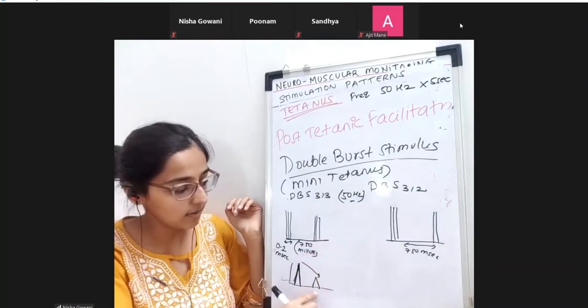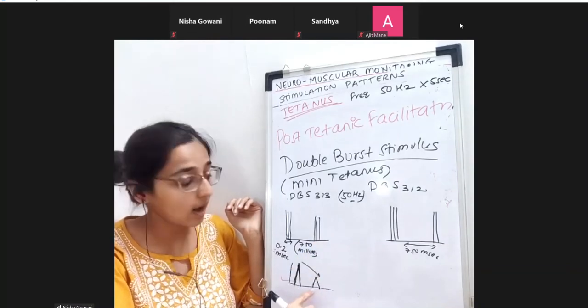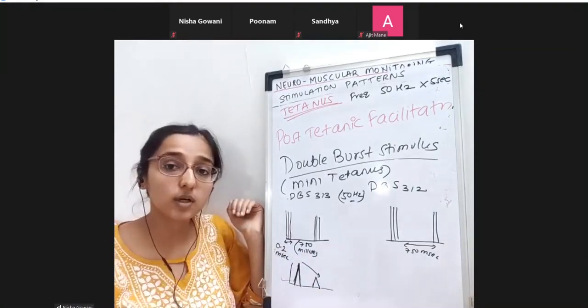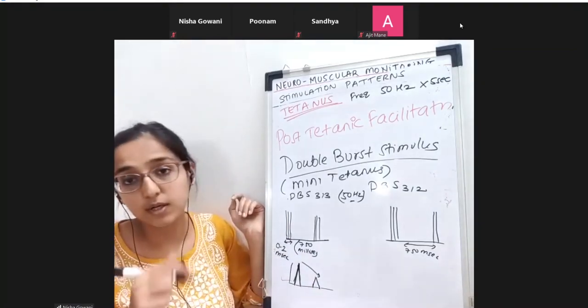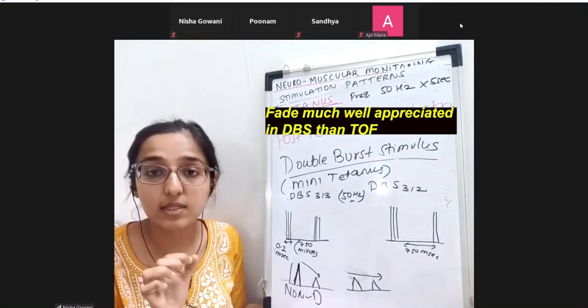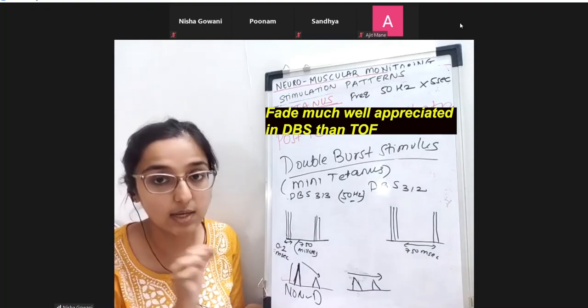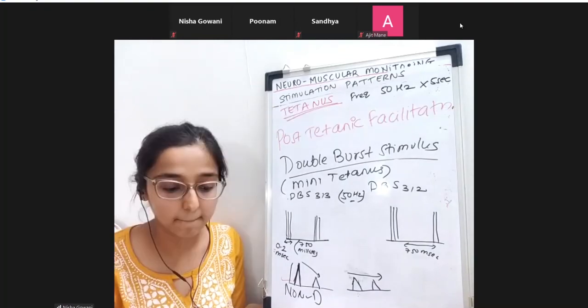When the second stimulus goes, the height might be less. I will see this and your senior or your consultant will tell you, okay, you have used a non-depolarizing drug. This can be seen only in TOF and DBS, TOF and DBS.